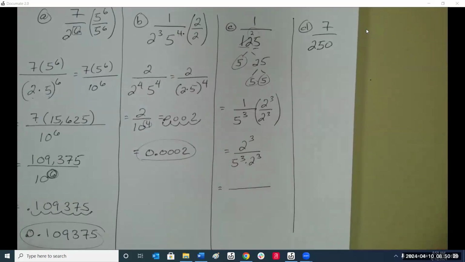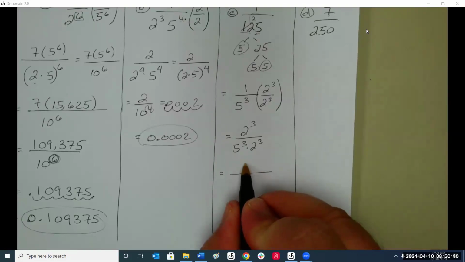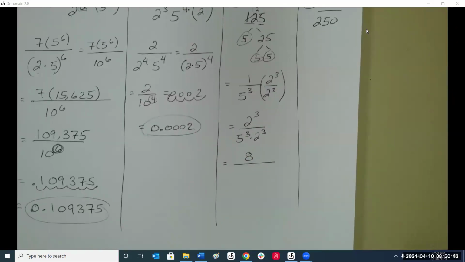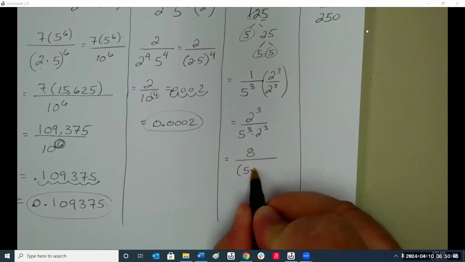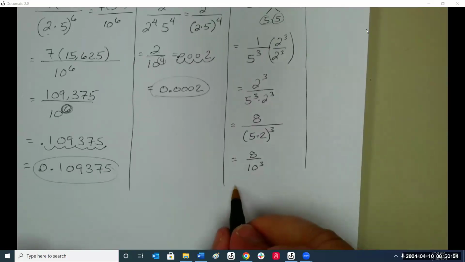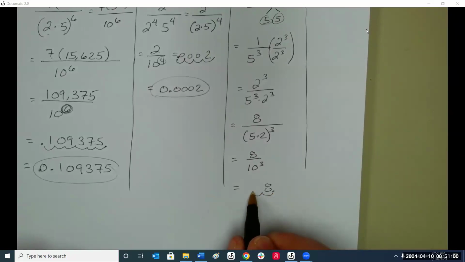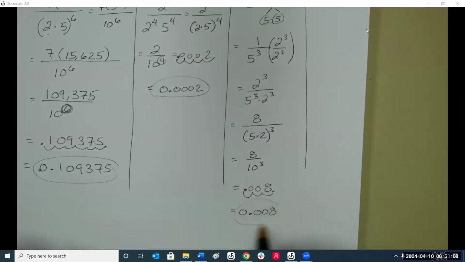What is 2 to the 3rd? 2 times 2 times 2 is 8. And now we have 5 times 2. They're both to the 3rd power. So we got to move it 3 spaces to the left. There's a 0. There's a 0. And there's our answer.